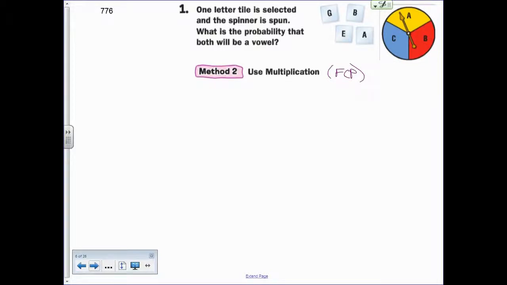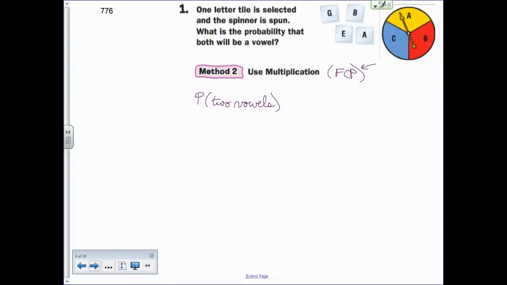So we know that we could also use multiplication using the fundamental counting principle, the FCP, to find our probabilities as well. We can ask ourselves, what is the probability of 2 vowels? And we could say, okay, what is the probability of getting a vowel when I pick a tile?